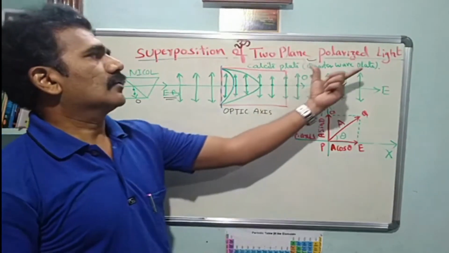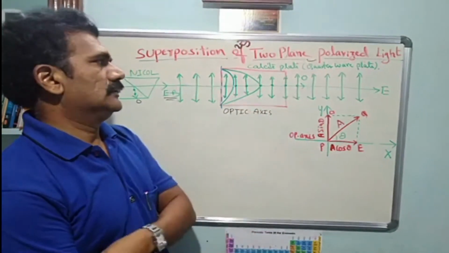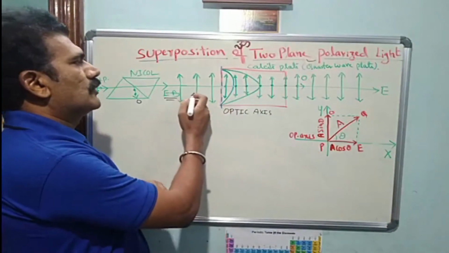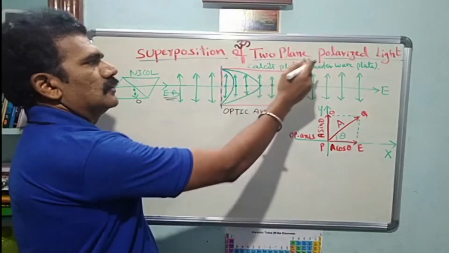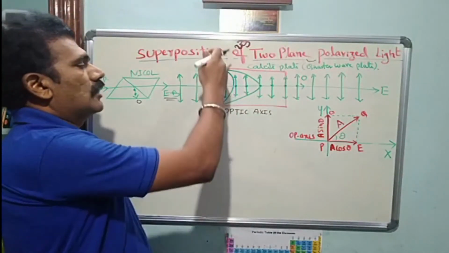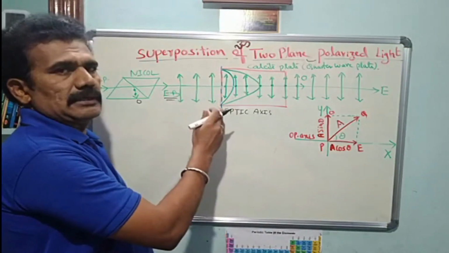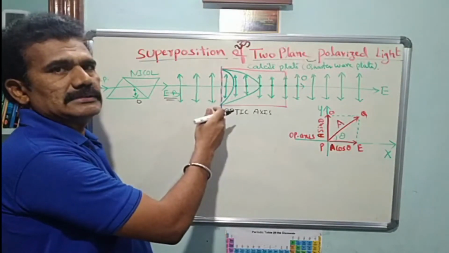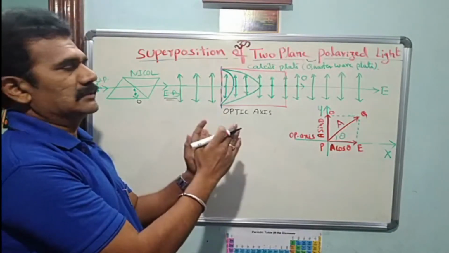We need a quarter wave plate for this experiment, to discuss the theory part. Now this plane polarized light is allowed to fall on the surface of the quarter wave plate, on which we consider the optic axis to be parallel to the refracting surface. That means the refracting surface and the optic axis are both parallel to each other.